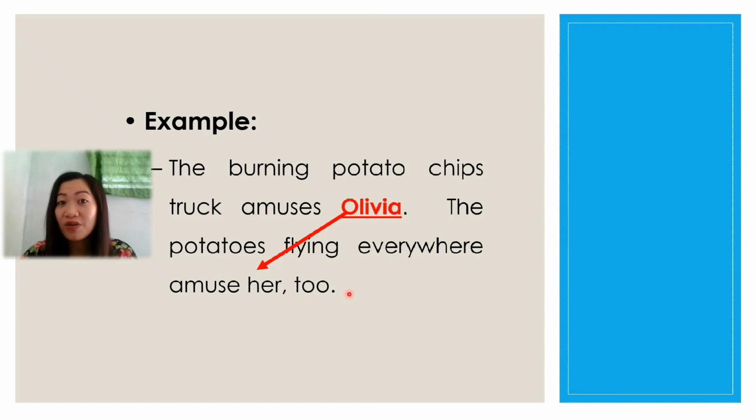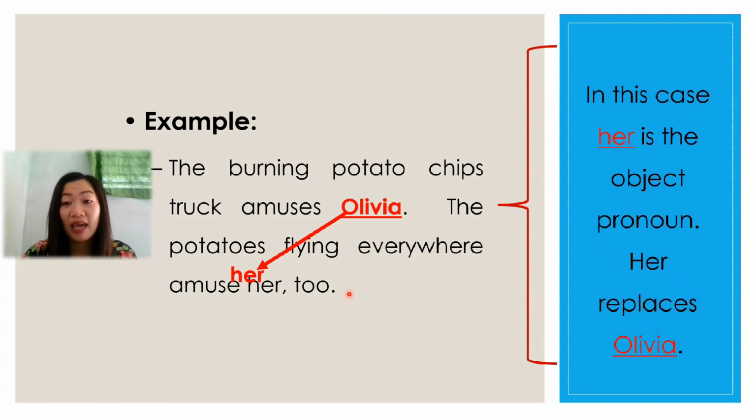Since Olivia is a girl, we will be using her. In this case, her is the object pronoun. Her replaces Olivia, a name.